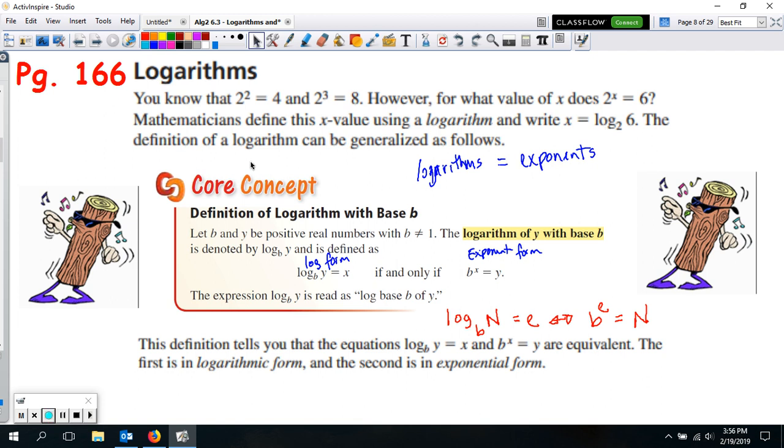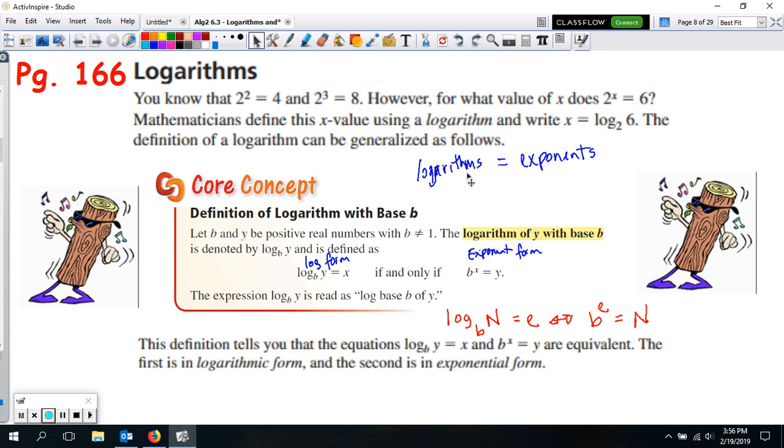The definition of a logarithm can be generalized as the following here. You want to highlight this part here, a logarithm of y with base b. And here's what you want to write down for that there on page 166. You can write there where the core concept is, or at the very top, logarithm of y with base b.